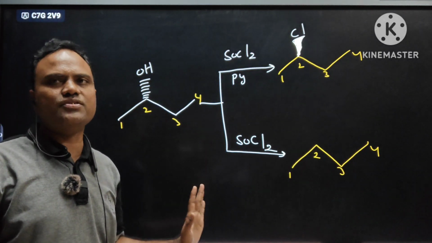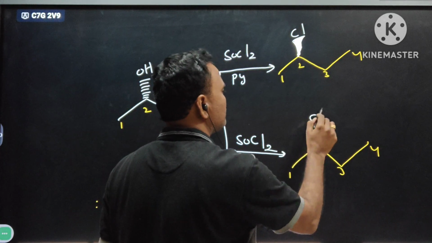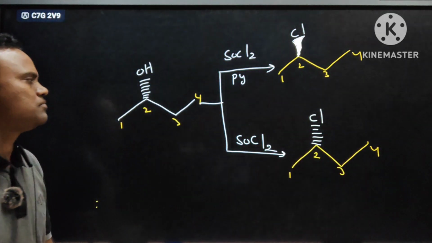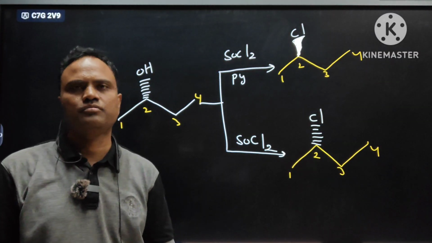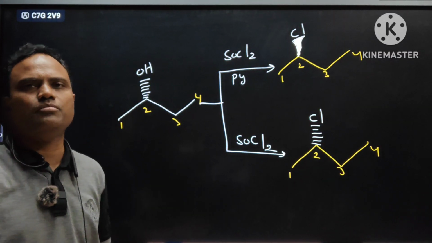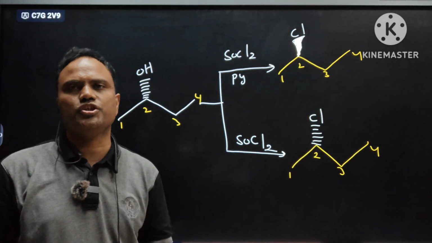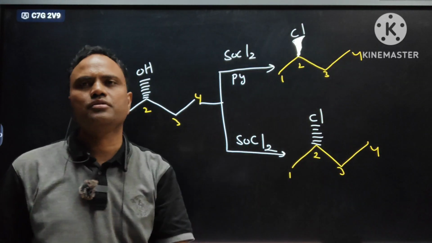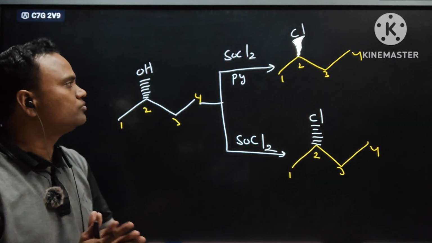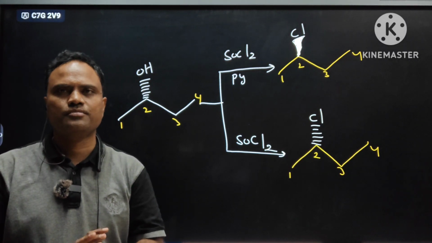Plain SOCl2, as it is. Dash, here also dash. A retention with SOCl2, retention. Same, no change. When pyridine is not present, no change. Whatever is present here, you have to write the same configuration. Clear now, everyone? Got it, all of you?